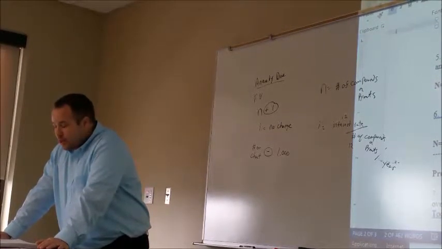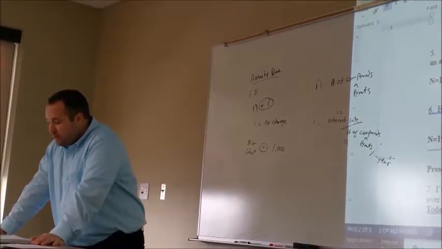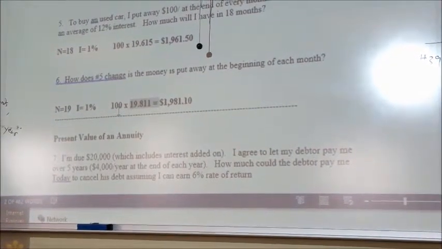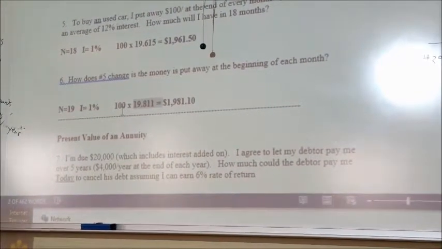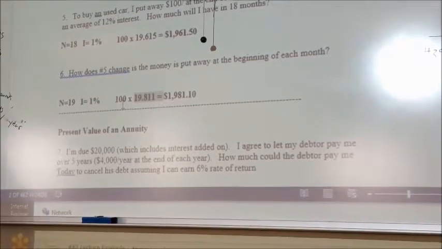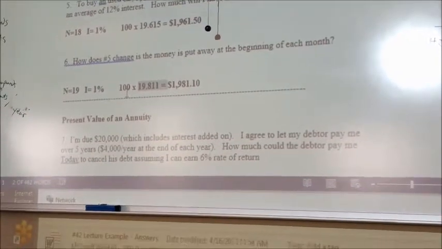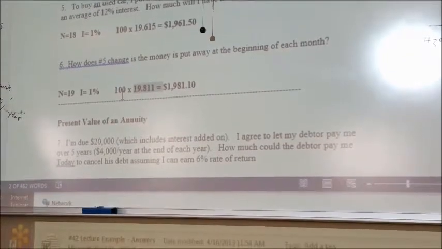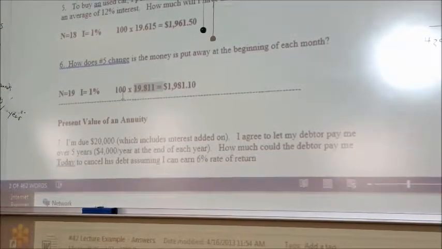Okay, the last chart, an example of what would be on it, the present value of the annuity. I shouldn't have put in the title there, present value of annuity due, because it's just an annuity. I'm due $20,000. And that would include interest being added in there.